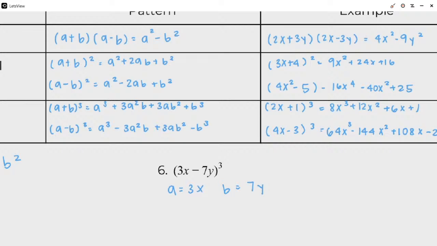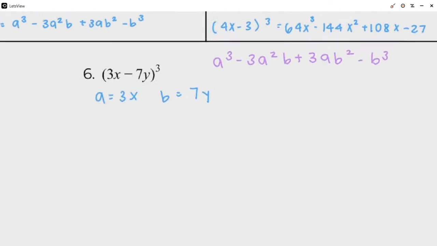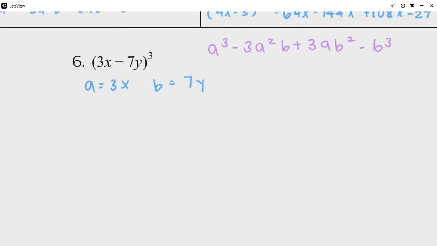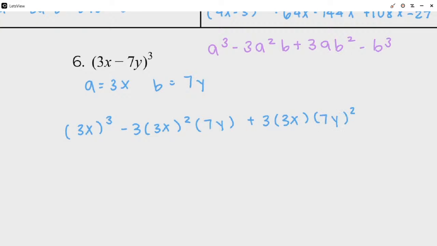Okay, so we're going to plug everything into a cubed minus 3a squared b plus 3ab squared minus b cubed. So now that we know what a and b are, we're just going to plug it all into this equation. So that would be 3x cubed minus 3 times 3x squared times 7y plus 3 times 3x times 7y squared minus 7y cubed.